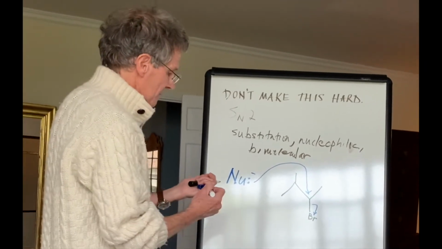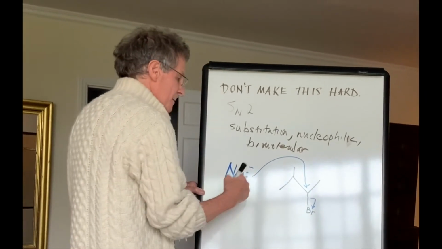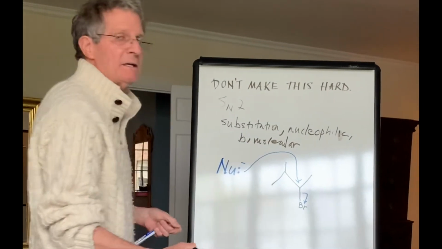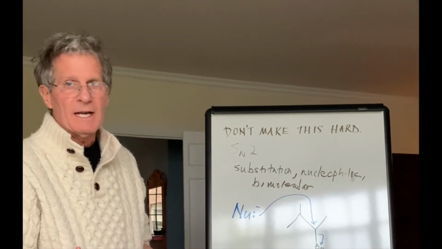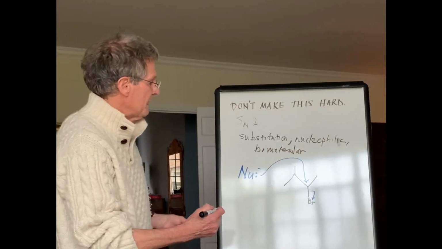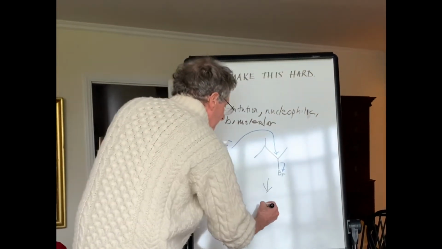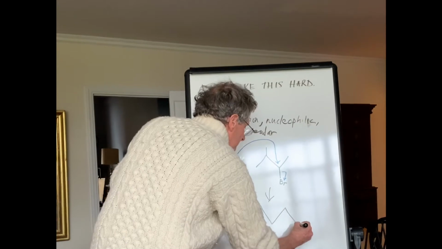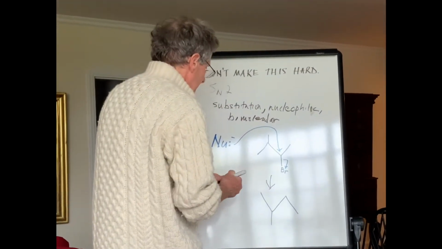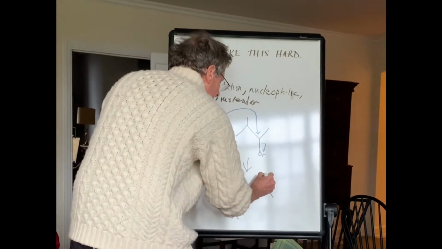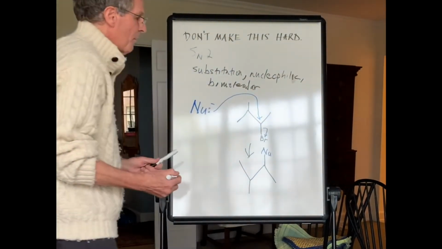And that happens, it's bimolecular. It's bimolecular because both these chemical species, the blue nucleophile and the black alkyl halide, are in the rate determining step. They bang into each other and the reaction proceeds. And you will probably know by now that the product of this reaction, I'm just going to invert the drawing a little bit for our convenience, that when the nucleophile has come in here, now the nucleophile has replaced the bromine on carbon 2.